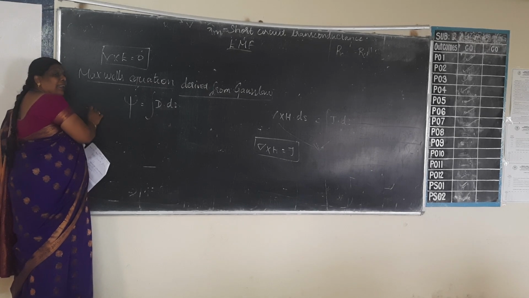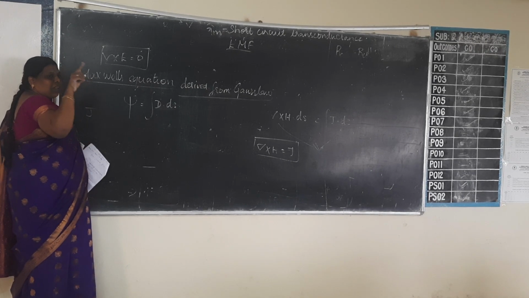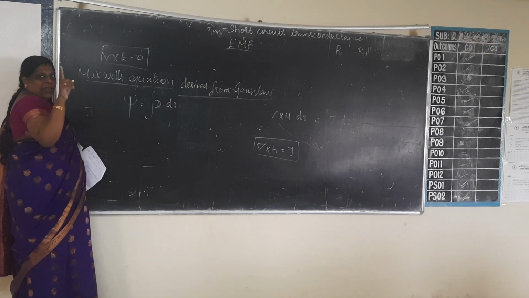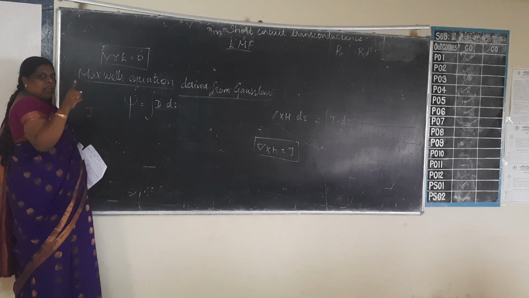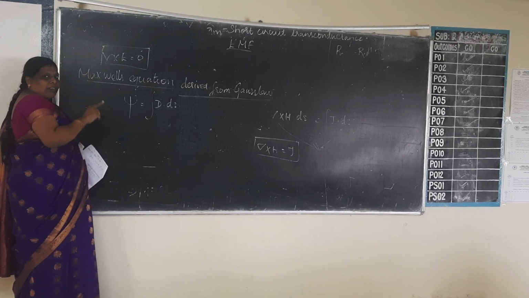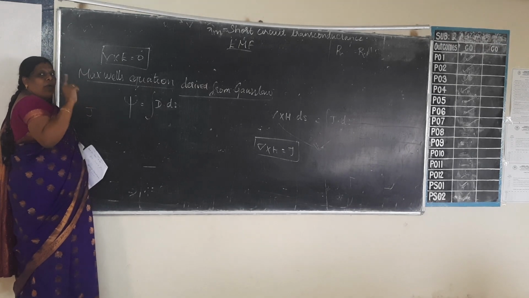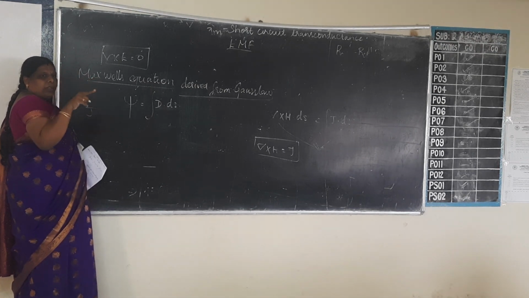As we have seen, in the sense of current density, I is equal to the integral of J dot ds, where current density is J. Here I want flux. Flux is equal to the integral of electric flux density into ds.